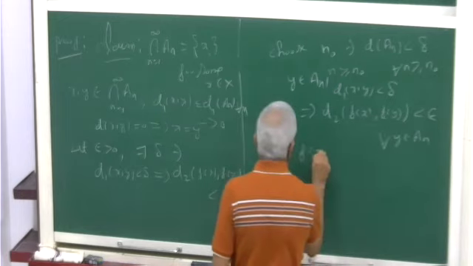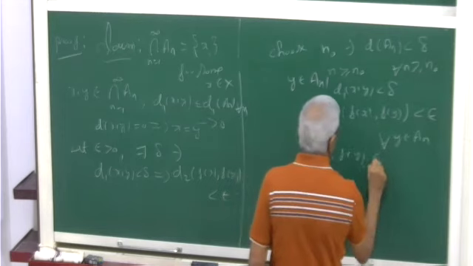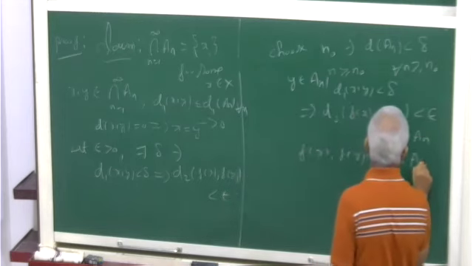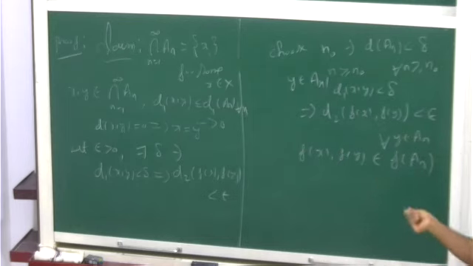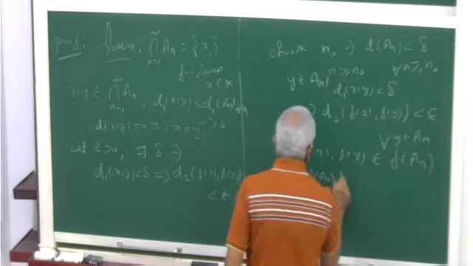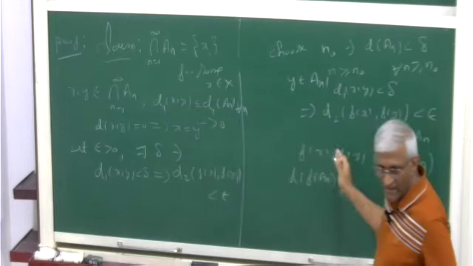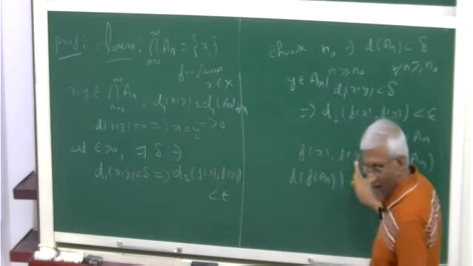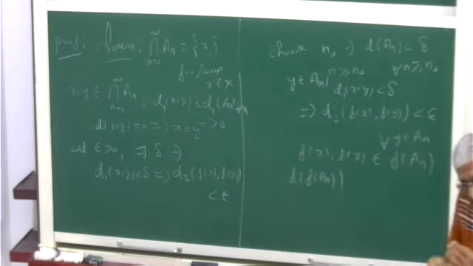So you notice that f of x, f of y, both in f of A_n, of course. So we have proved that d of f of A_n, which is just the supremum... The x and y are arbitrary, right? x is fixed.